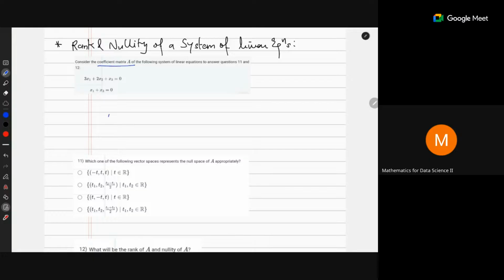So what would be the coefficient matrix of this system of equations? 3, 2, 1 will be the first row, and 0, 1, 1 the second. Right, so it is a 2 cross 3 matrix.